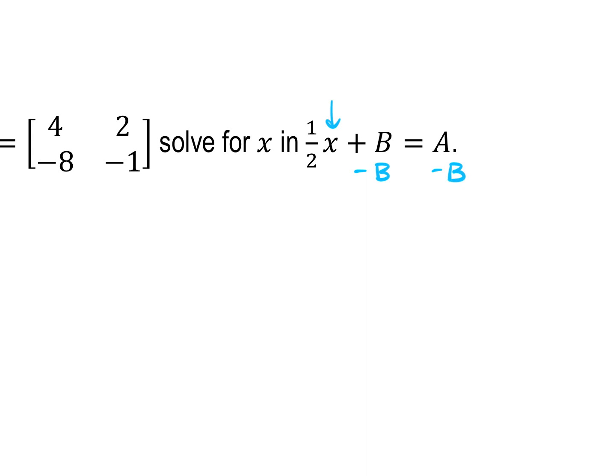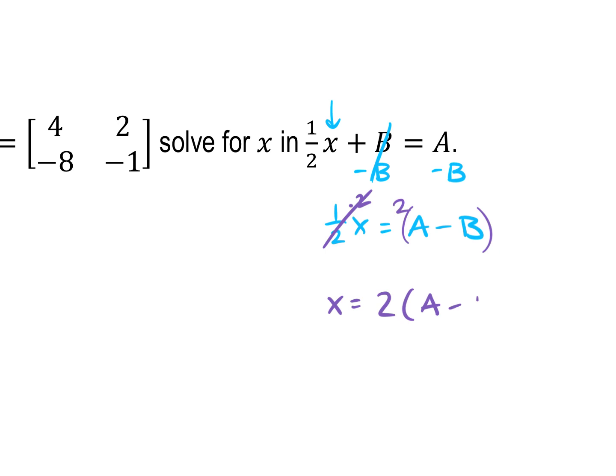Subtract b. So we have 1/2 x is equal to a minus b. What would we do next? Multiply by 2. So we have x is equal to 2 times a minus b. So I'm going to find what a minus b is first, and then we'll multiply that answer by 2.